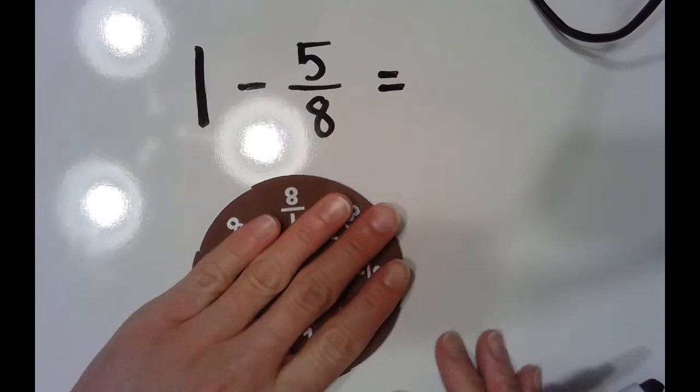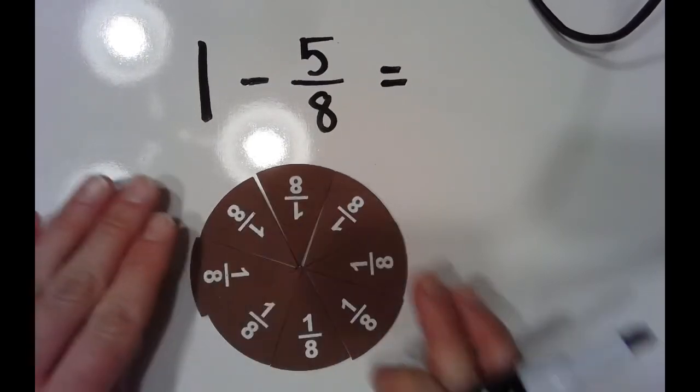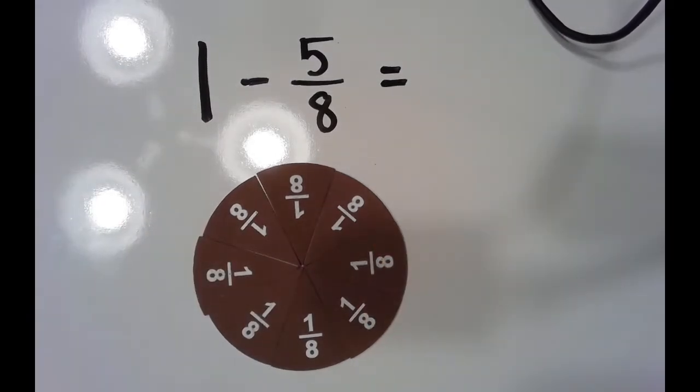So, how could I show one whole in the form of a fraction if it's broken up into 8 equal pieces? I want you to write down on your paper or on your dry erase board what fraction would be equivalent to one whole if it's broken into 8 equal pieces.